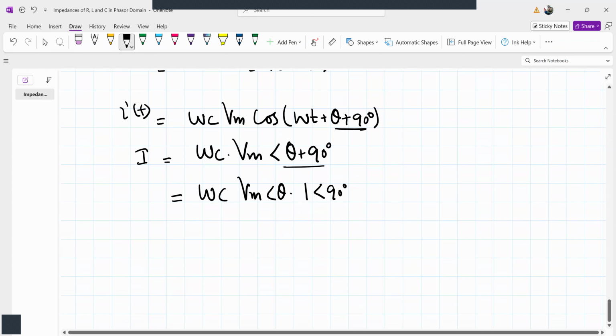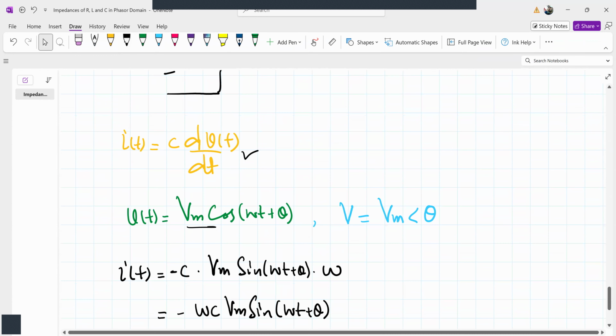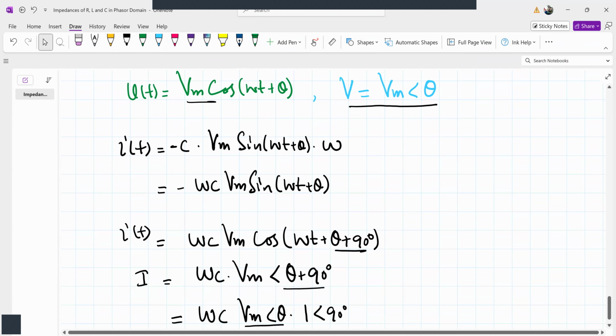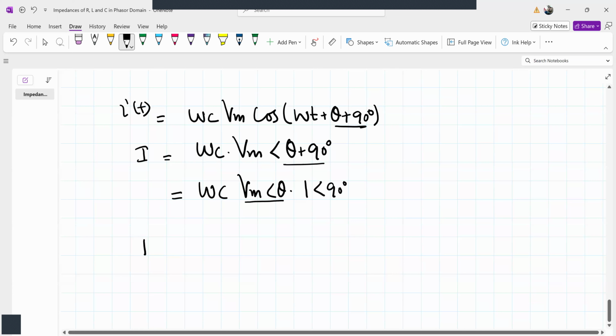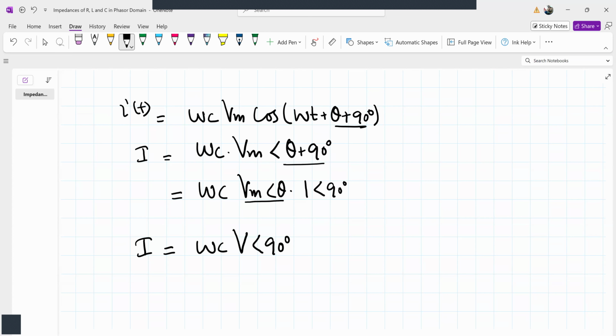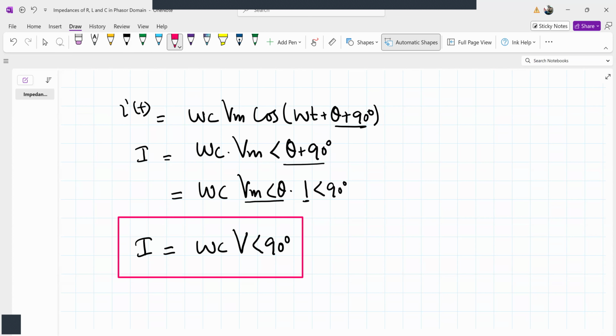So what's Vm at angle theta? Vm theta is simply the V phasor. So if we replace Vm theta by the V phasor, the I phasor will be equal to omega C times the V phasor at an angle of 90 degrees. Right? This is 1 here. So 1 multiplied by omega C is omega C. What does this relationship tell us? This relationship simply tells us that the current phasor is leading the voltage by plus 90 degrees.